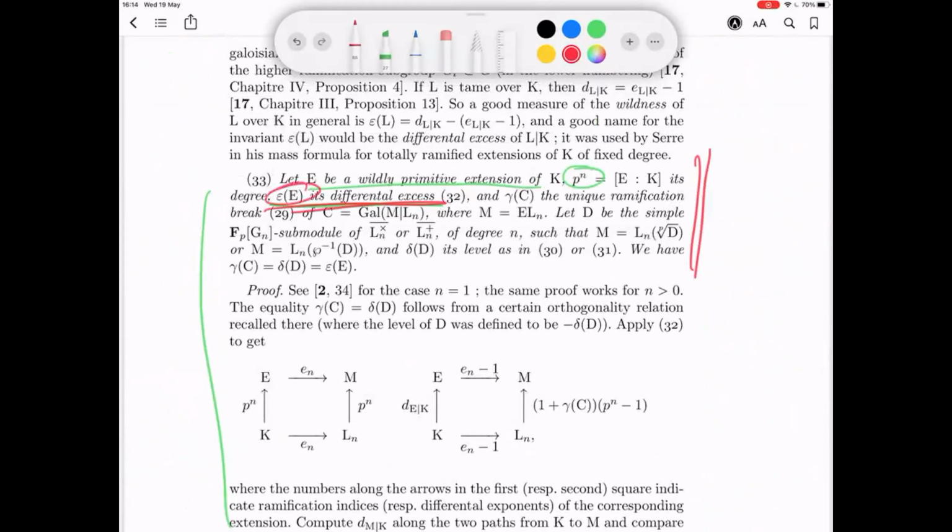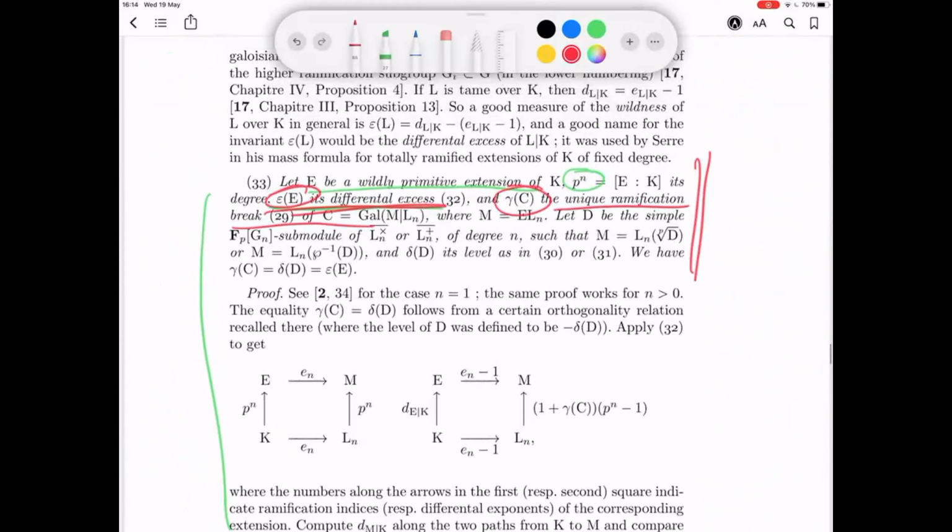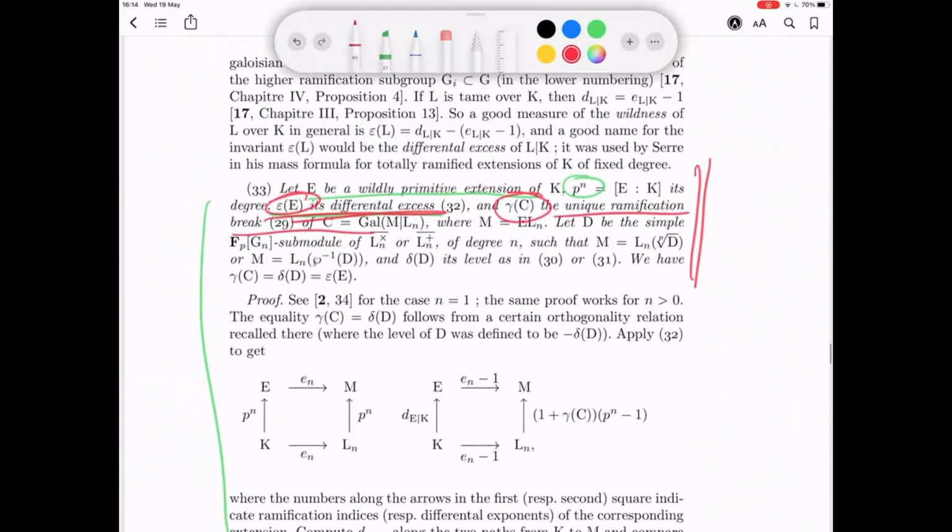This epsilon_E is the differential excess, and then there is the unique ramification break, etc. I don't want to go into the entire notation, but I must have done it in the case n equal to 1 when I talked about the proof of Serre's mass formula.